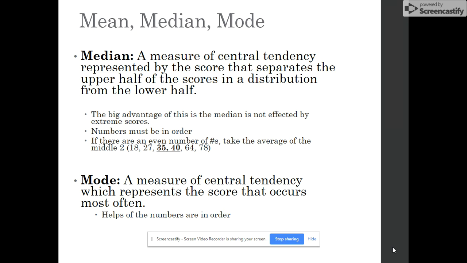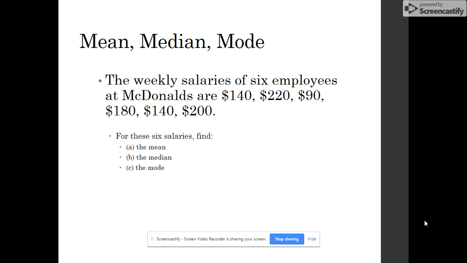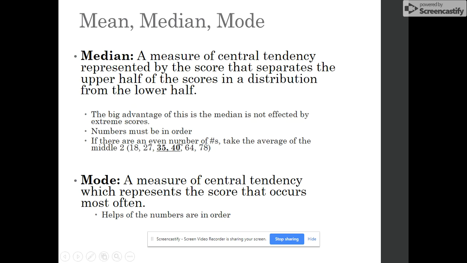If you have an even number of numbers, like this example, you need to take the average of the middle two numbers. So you have 6 numbers, you take 35 and 40 and you take the average of those two, and that gives you your median.